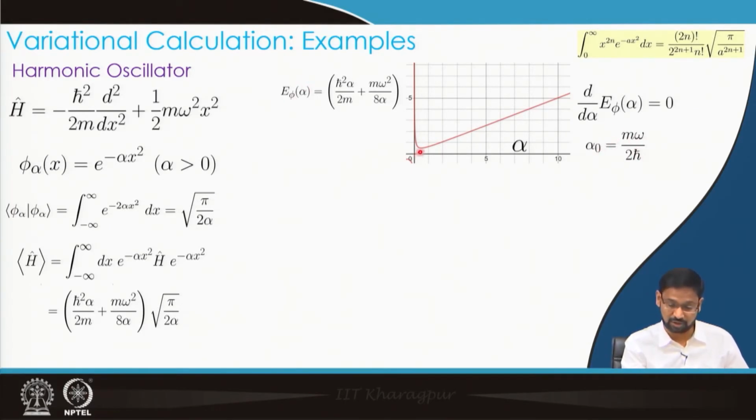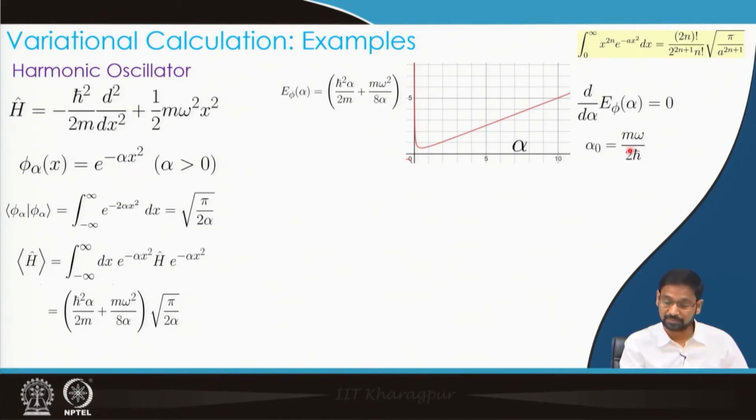This value of alpha, I am calling alpha 0 now, minimizes the energy to some value. When I put this alpha 0 in this wave function expression, that becomes the best description of my ground state given the trial wave function I have chosen.